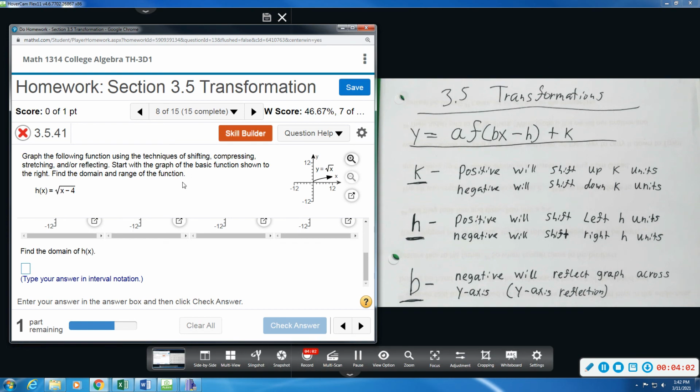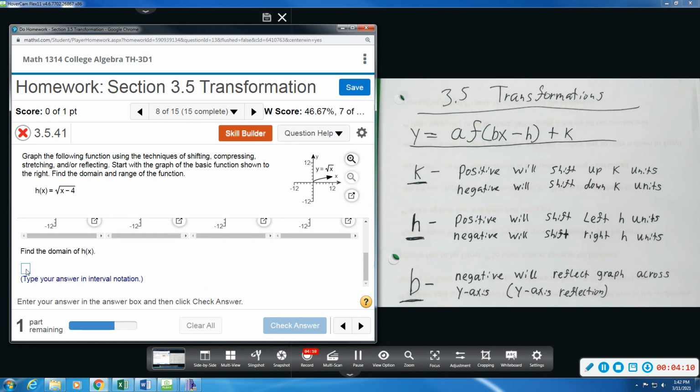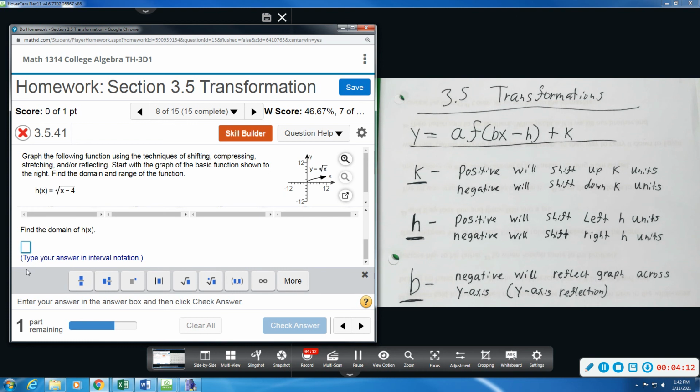All we're doing with our domain is taking it and matching it with our graph. So we're just going to shift our domain over 4 units, the same as our graph did. So we're going to go from 4 to infinity. Same starting endpoint with a bracket, end with a parenthesis.